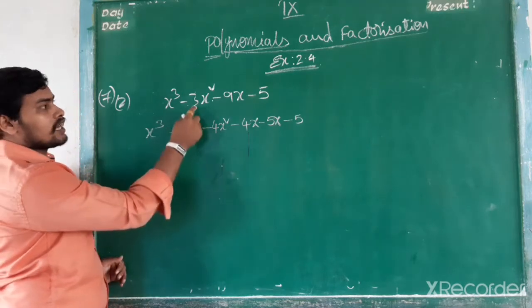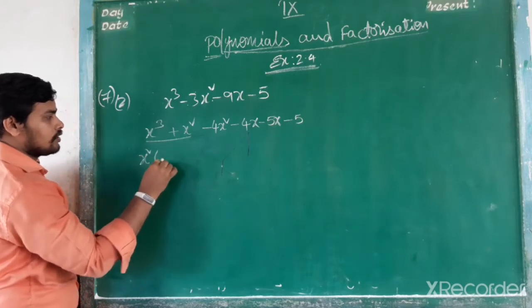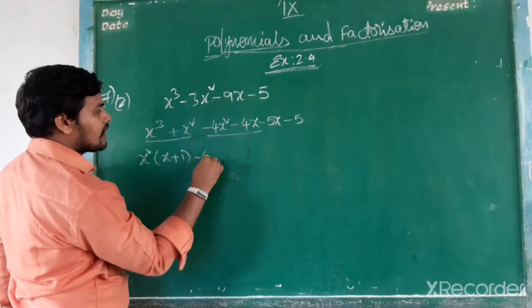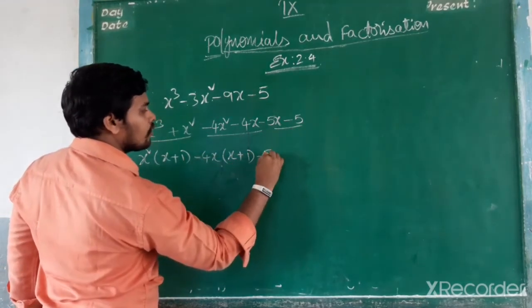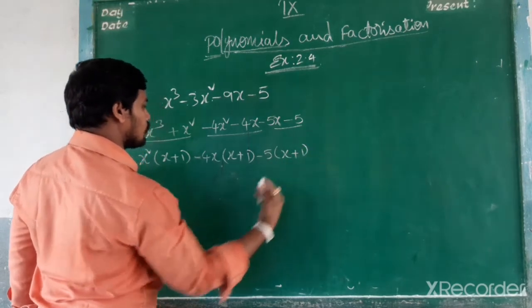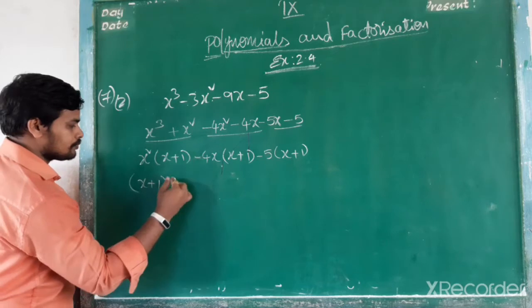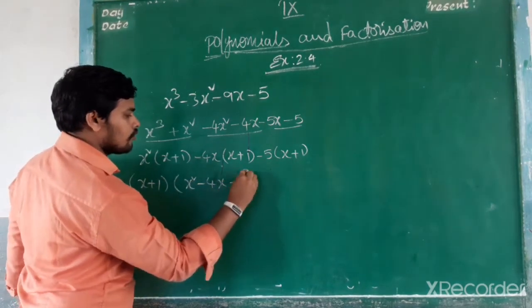X cube minus 4x square minus 3x square. Okay, what is the common factor here? X square. So x plus 1. What is the common factor here? Minus 4x. So x plus 1. What is the common factor here? Minus 5. X plus 1. So what is the common factor among these? X plus 1. So x square minus 4x minus 5.